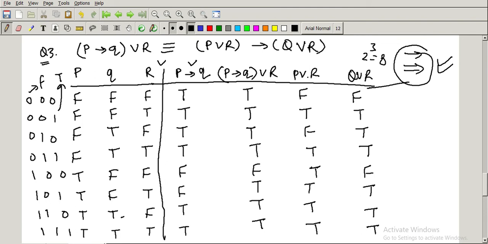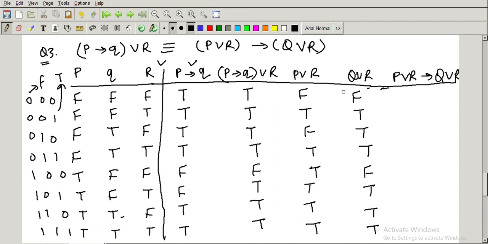And then P or R, then Q or R. So let me rub this first. Okay, now this P or R, then Q or R, right?